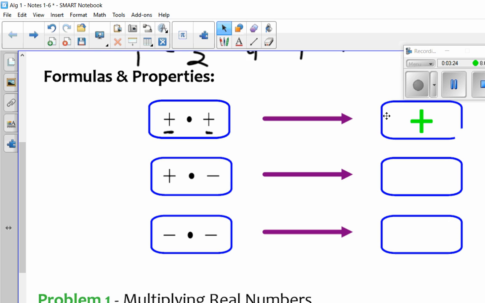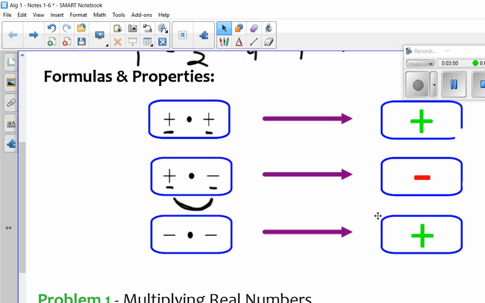When I multiply a positive number with a negative number, and we could have the order switched, it could be negative first, positive second, it's the same thing. My answer should always be negative. And if I multiply 2 negative numbers together, my answer is always going to be positive.